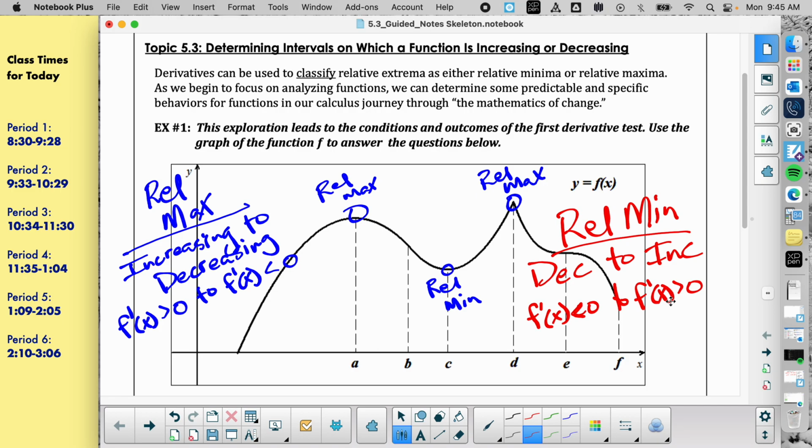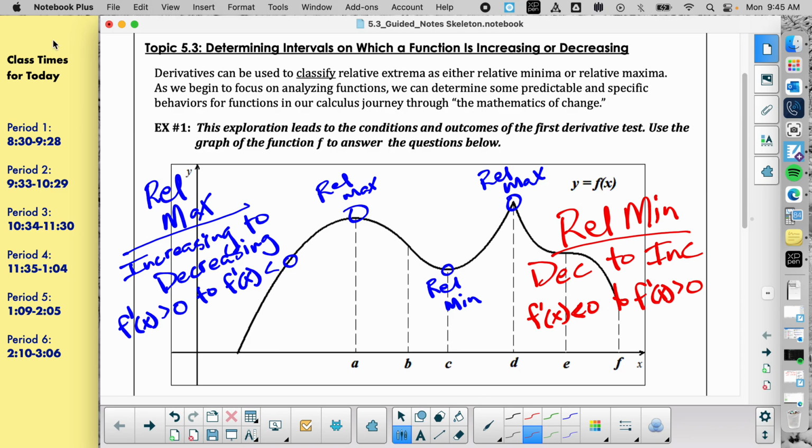Now, are we okay with that? Do you guys have questions on that? Okay. Because what we're obviously trying to get to is we're not going to have a picture of any sort. We're just going to have an equation, and we're going to have to figure out where our graph is changing from increasing to decreasing, for relative maxes and relative mins.